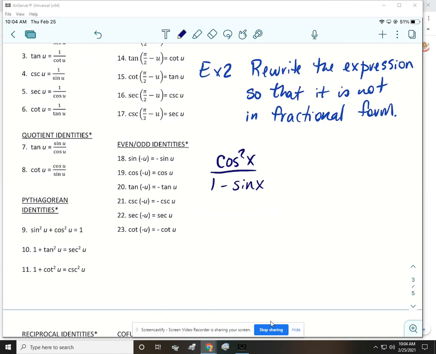Okay, now this was a problem we did. I think we've already done this one a different way, but I'm going to show you a method to do this. It just works out a little differently. So what we're going to do is multiply by what's kind of like the conjugate of the denominator.